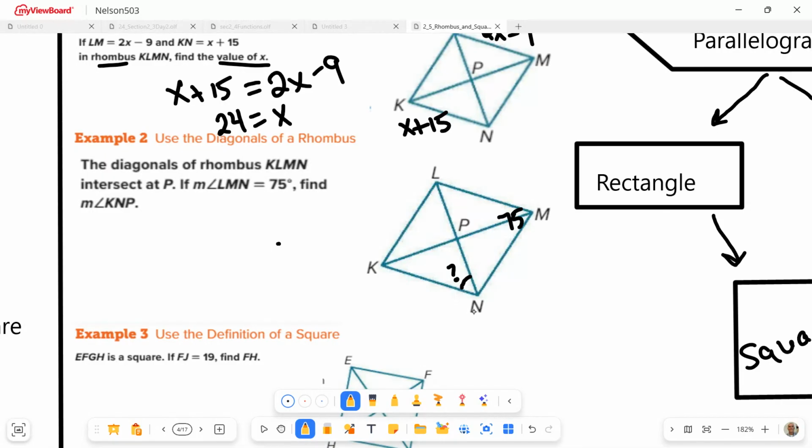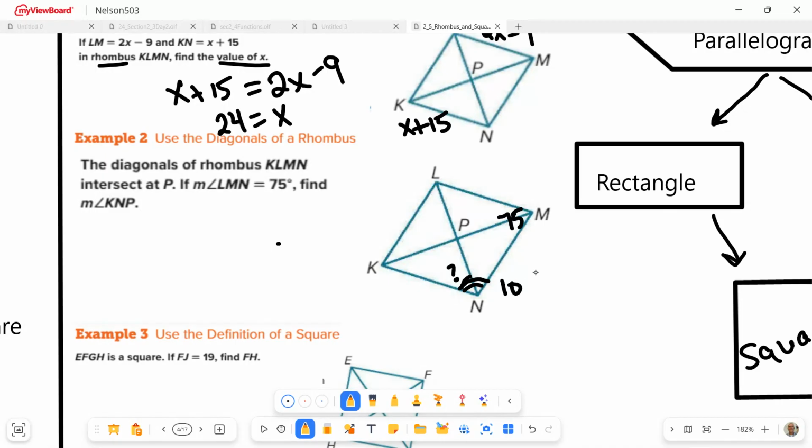Let me make sure I have my information down right. LMN. Because this thing is a rhombus, and I know that it's a parallelogram, this whole angle down here is got to be supplementary to this one right up here. So it's got to be 105 degrees.